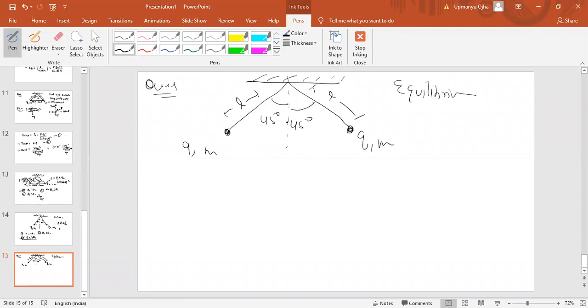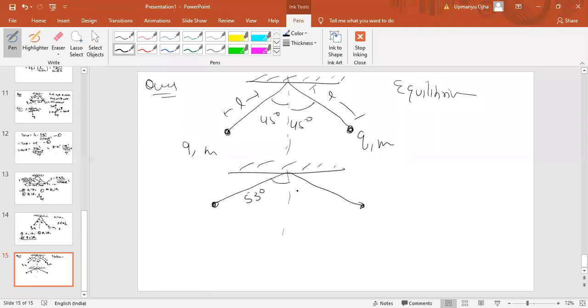Now we have taken both the balls and slightly displaced them to an angle of 53 degrees from the vertical.